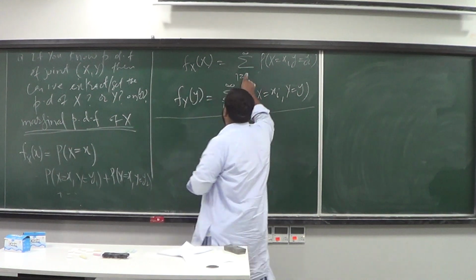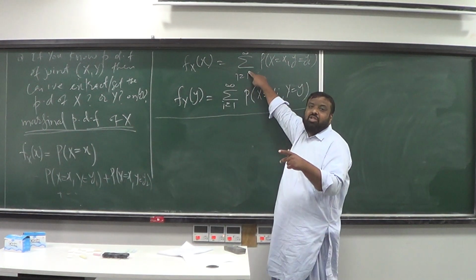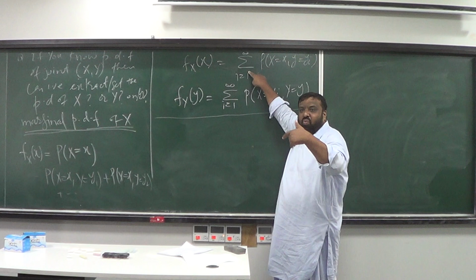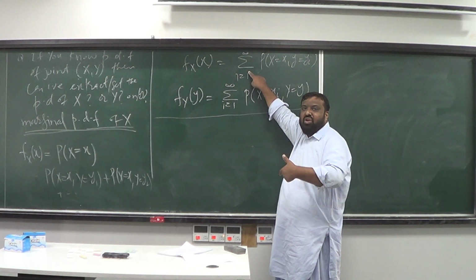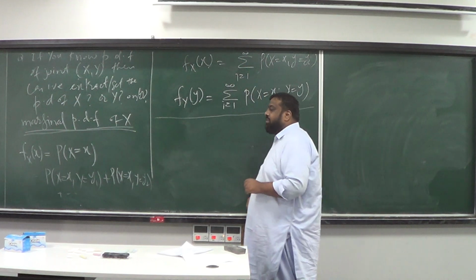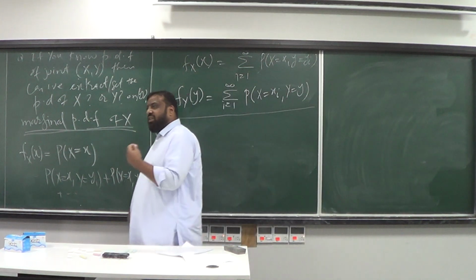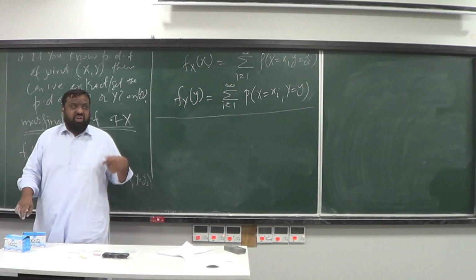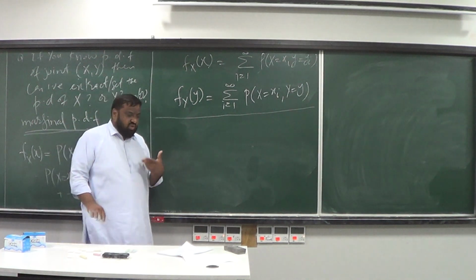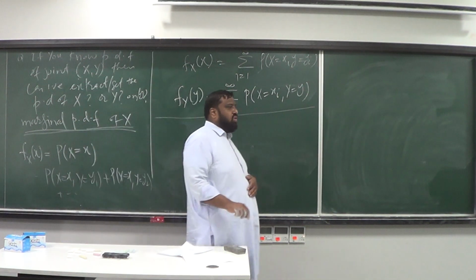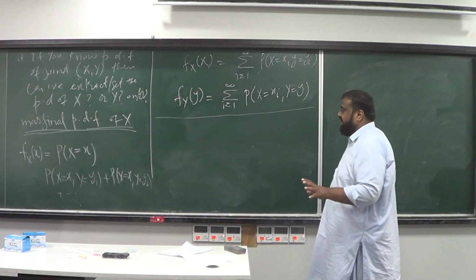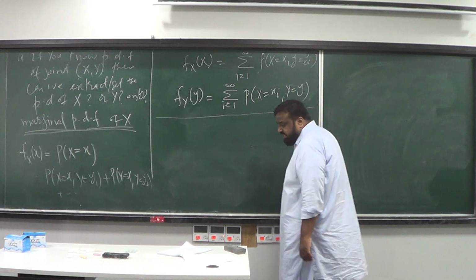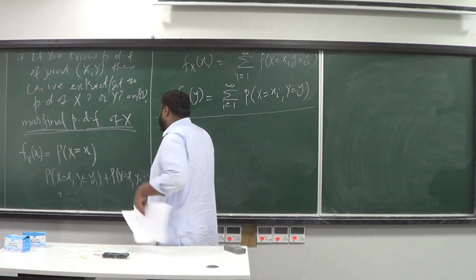So instead of having a single sum here, you're going to have a double sum, one for the y and one for the z. So as I'm saying, think about developing a similar theory when you have the joint PDF of three random variables. So here's an interesting example. So let's just start with an example.